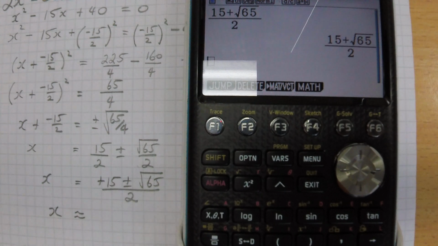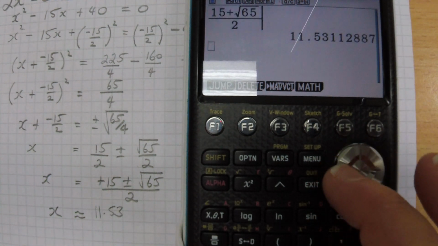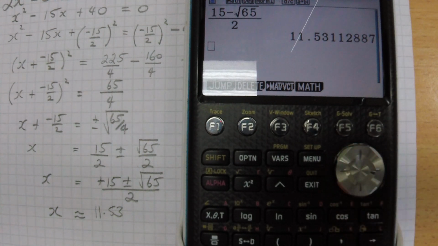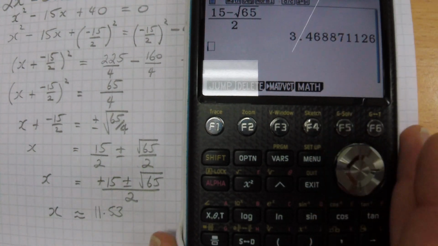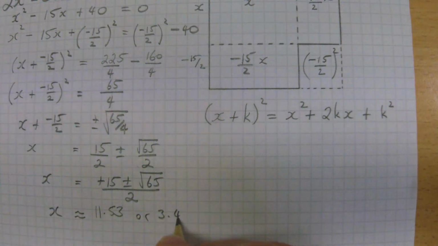It gives me the answer exactly in surd form. I press the key here, standard to decimal form, and it's 11.53. If I just go back and edit the calculation to be subtract, once again standard to decimal, 3.47. There's my 2 solutions.